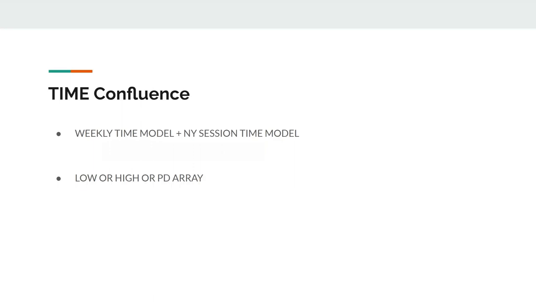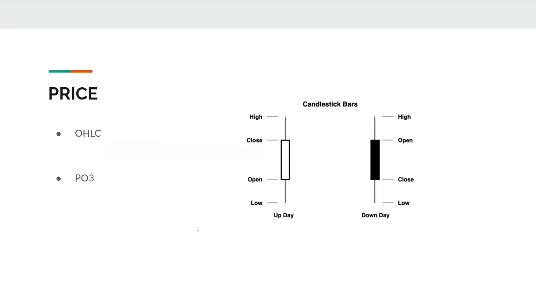But in order to distinguish that and know what area we're supposed to be looking for a turtle soup, we must understand price and the open, high, low, close, as well as the open, low, high, close, and the power of three. The power of three, let's keep it simple, is just accumulation, manipulation, distribution. That's it.